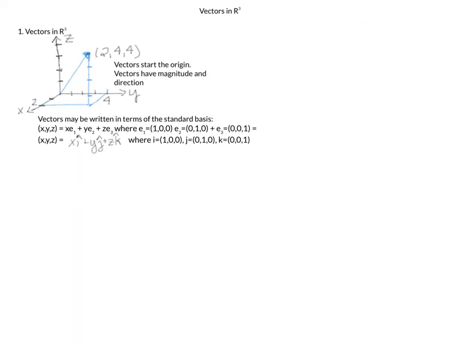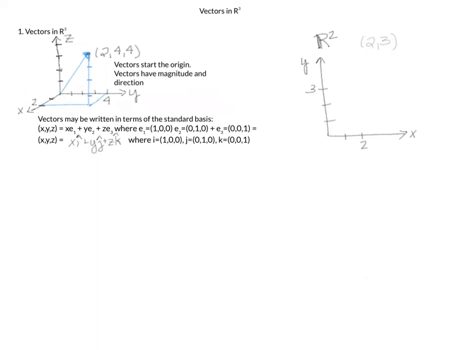We are going to start by talking about vectors in R3, that is, vectors in three-dimensional space. You are hopefully familiar with R2, where we represent points in two-dimensional space by two coordinates.